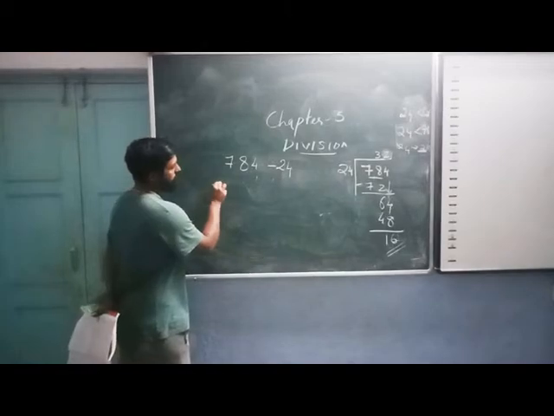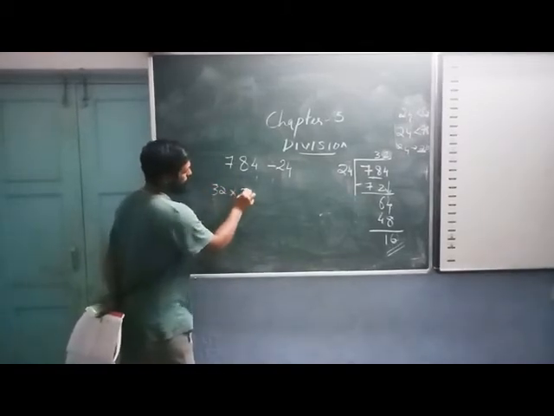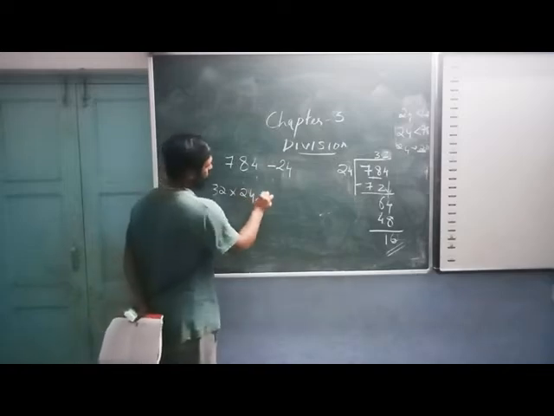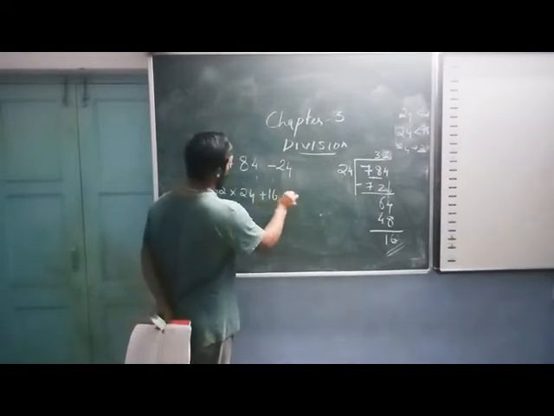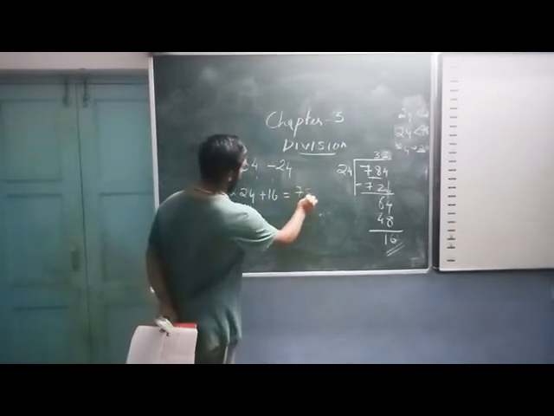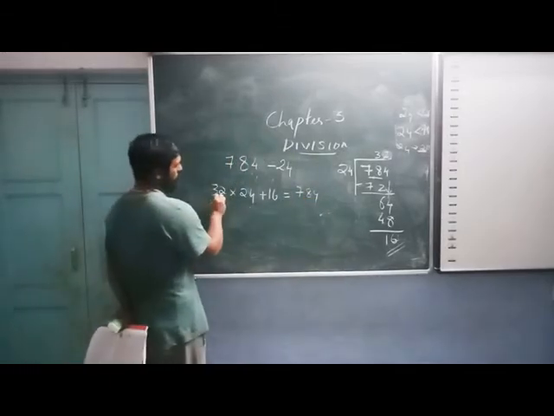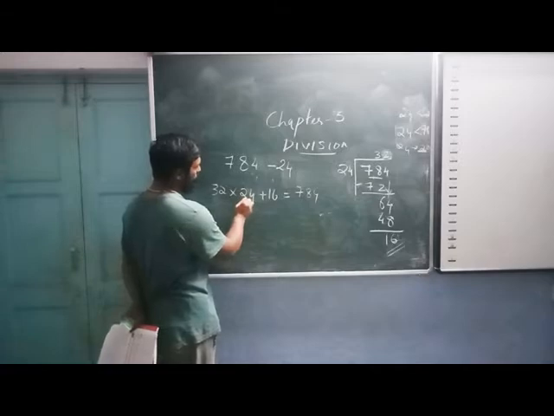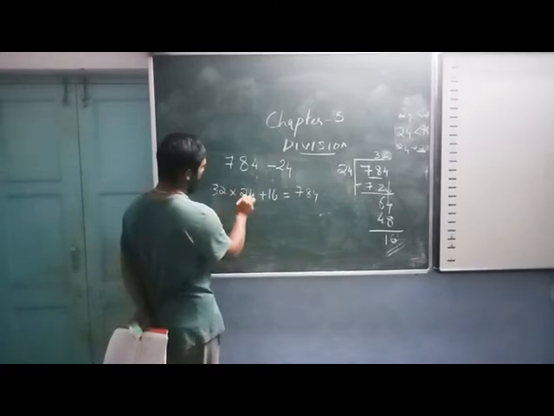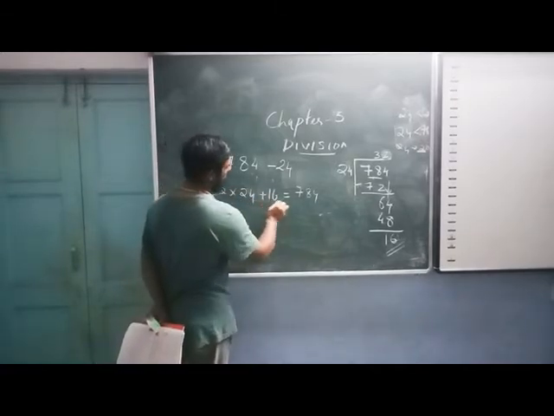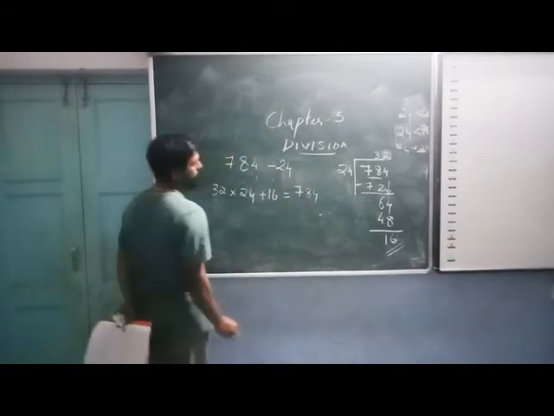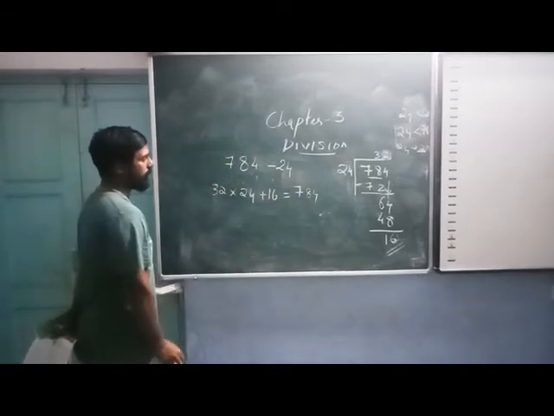So 32 into 24 plus 16 will give you 784. Okay. So the divisor into quotient plus remainder will give you the dividend. So is that clear?